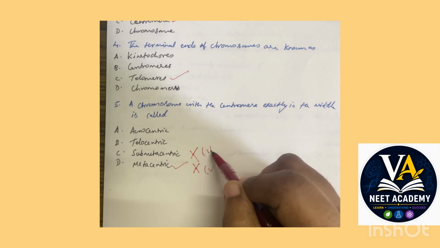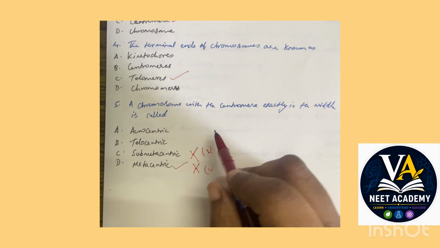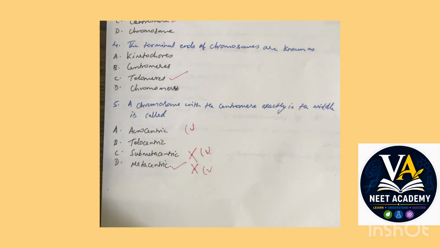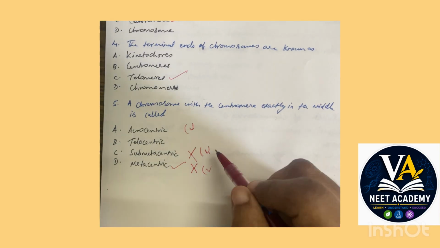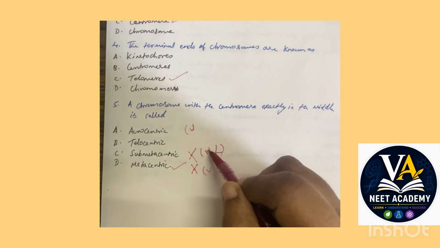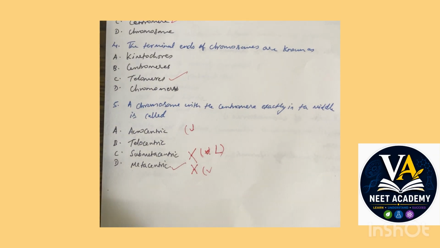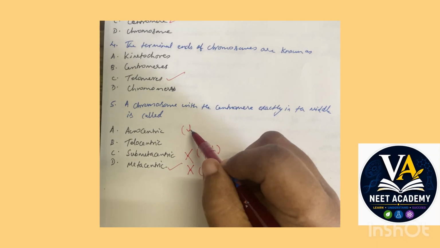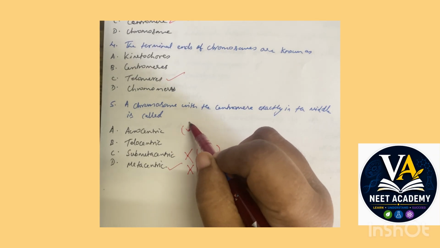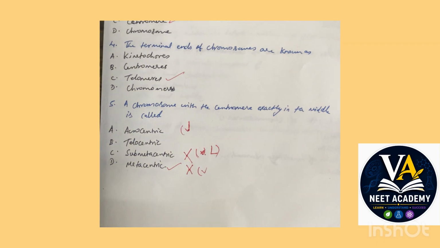Acrocentric is J shaped. Submetacentric is L shaped. Remember? In acrocentric, one of the sister chromatids is very small and the other one is quite longer.